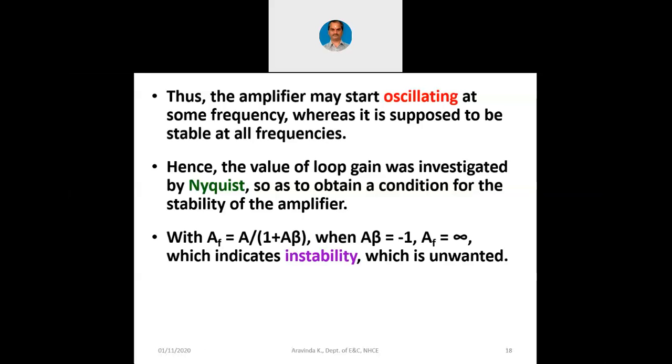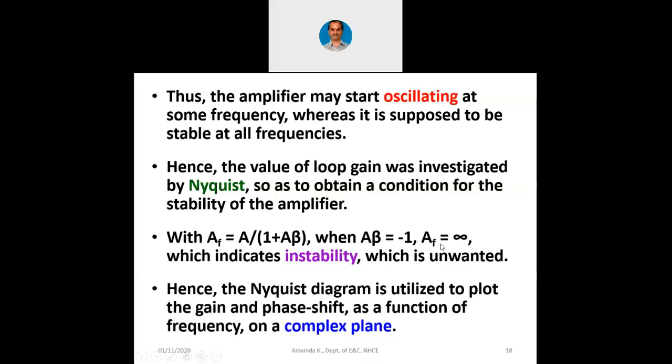Maybe without the input signal also, the circuit will produce signals unnecessarily. We wanted the input signal to be amplified at the output. Instead, without the desired input signal itself, the circuit will produce some output signal which is unwanted. So this is called instability.